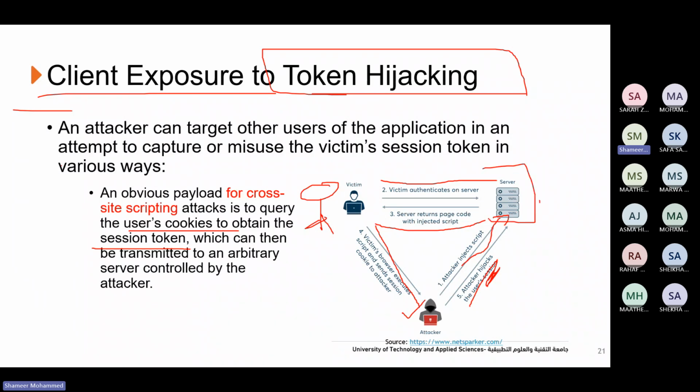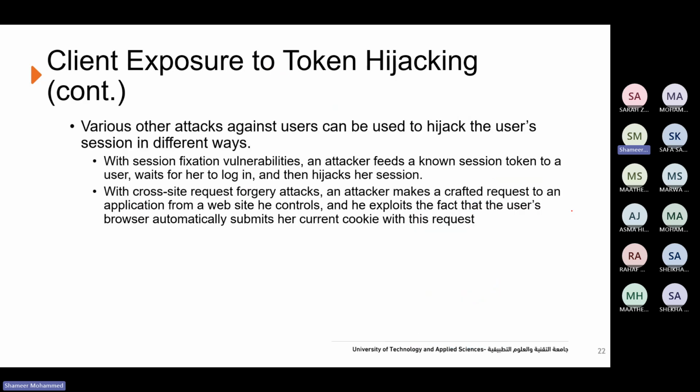So this is your server. In this server, he is passing some malicious data, a malicious program. So what is this XSS? We will see in the last lecture, I think. Understand? So this is the fourth weakness, client exposure to hijacking.